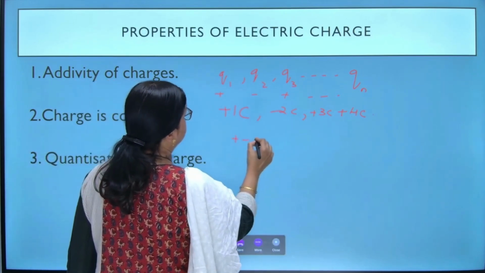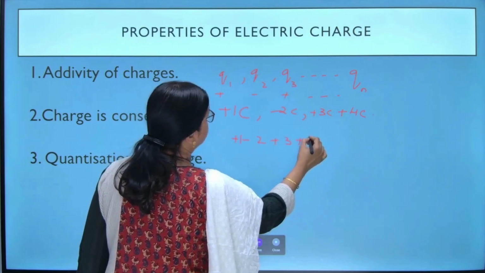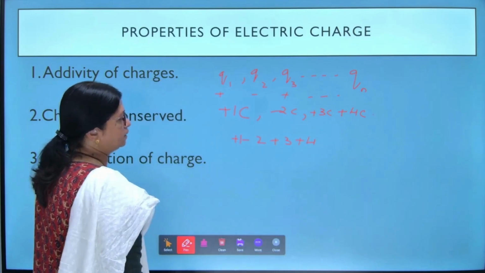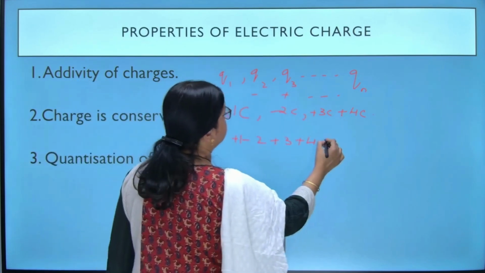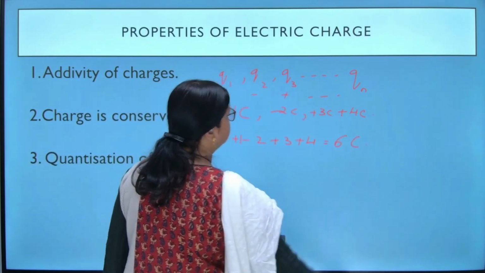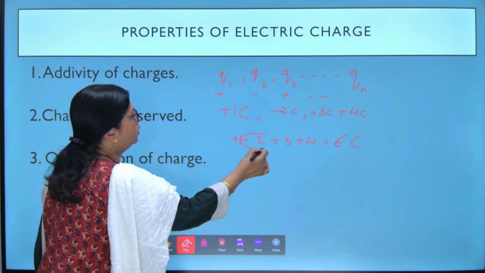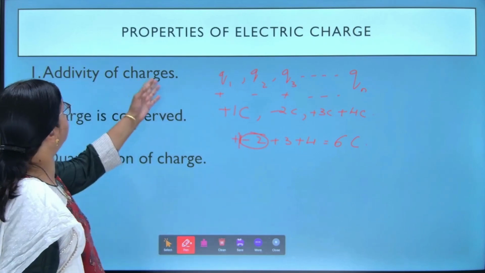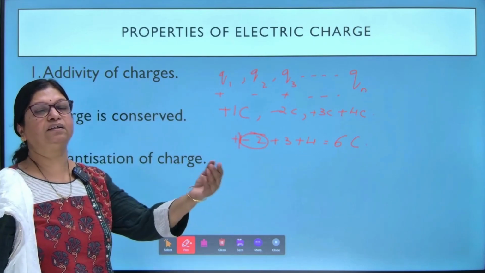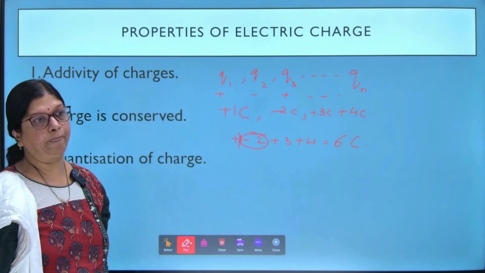That is plus 1 minus 2 plus 3 plus 4. What is my answer? Minus 1, 7 minus 1, 6. 6 coulombs is my answer, including the negative charge also. That is what is called the additive property of charges. They are just added with their polarity as it is.